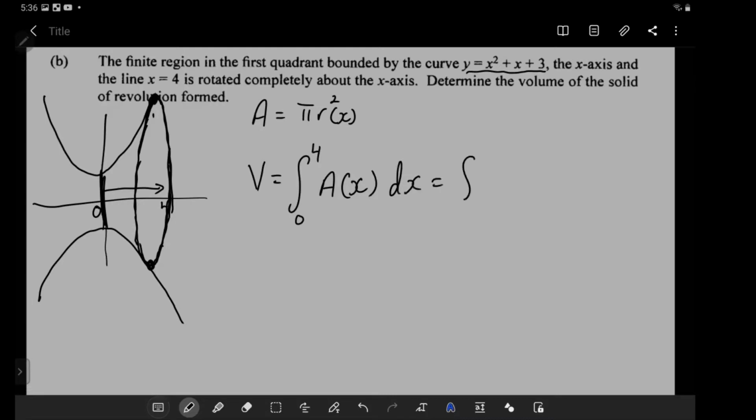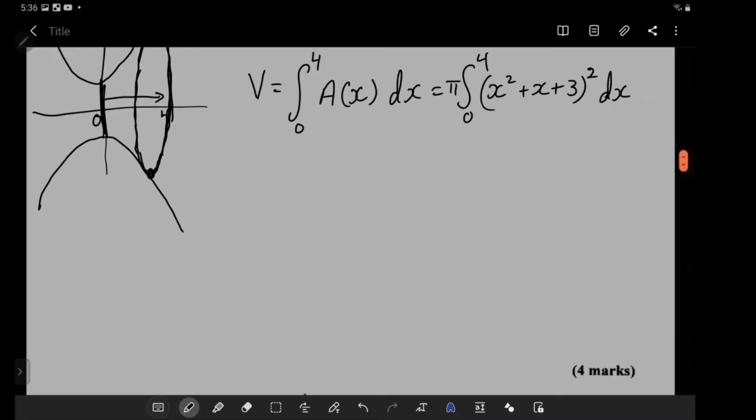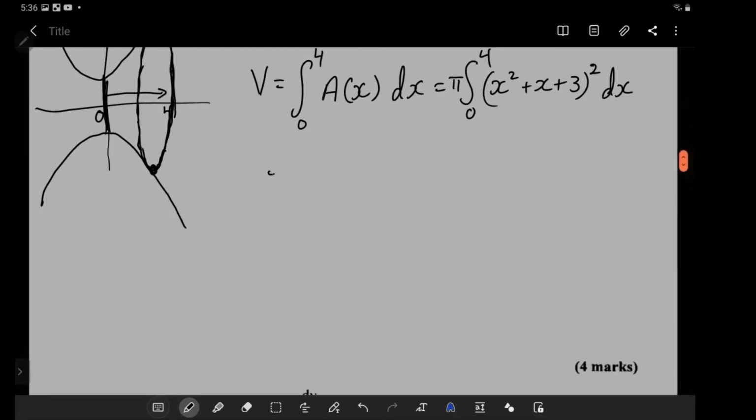And what is this? This is the integral from 0 to 4. A, which is pi, we can take the pi out, it's just a constant multiple. R is x squared plus x plus 3. And we would like to square that. We have the dx. Okay, so we can square this quite easily using the formula.